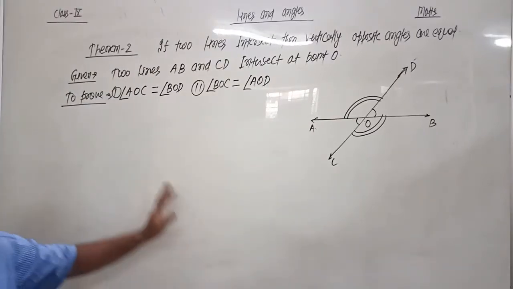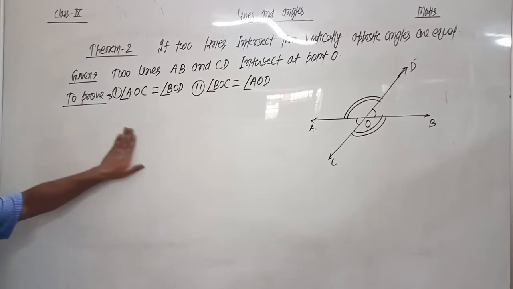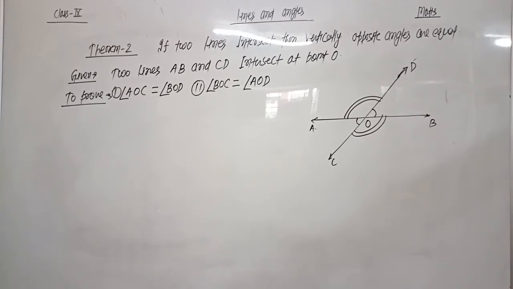So firstly we write given: lines AB and CD intersect at point O, then to prove angle AOC equals angle BOD and angle BOC equals angle AOD.